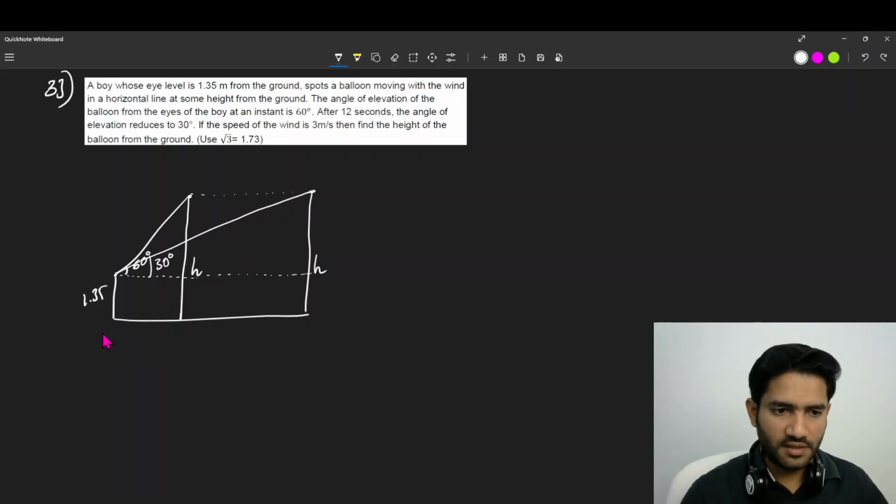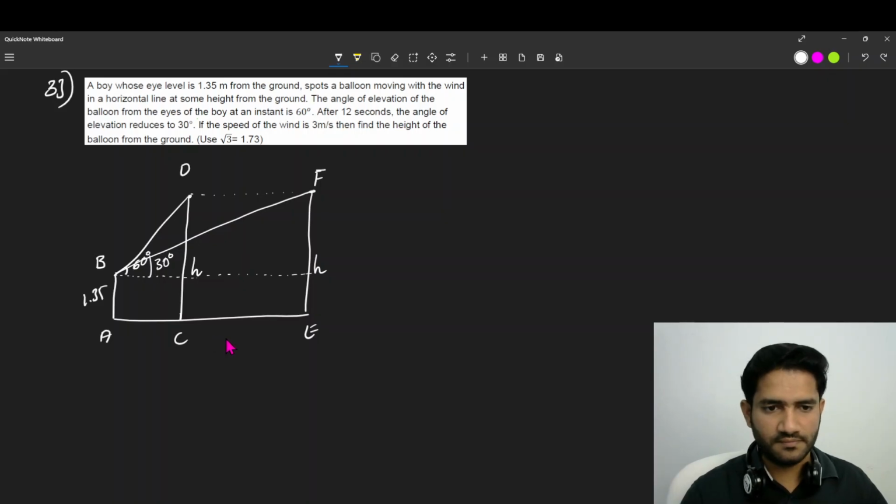So we can consider AB is the boy, CD is the height of the balloon, and EF is also the height of the balloon.